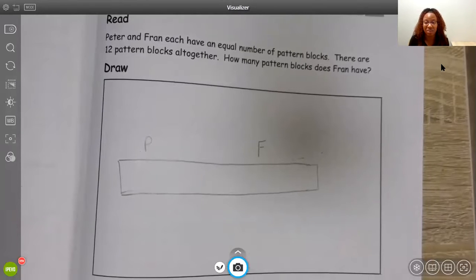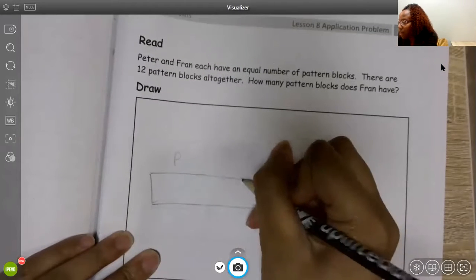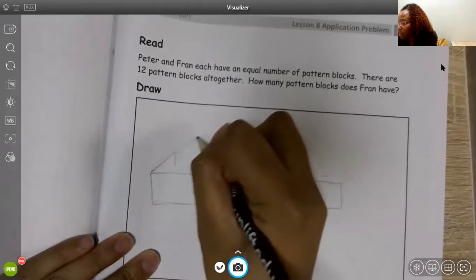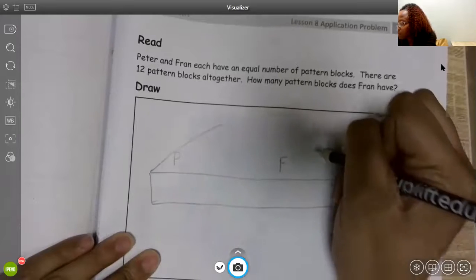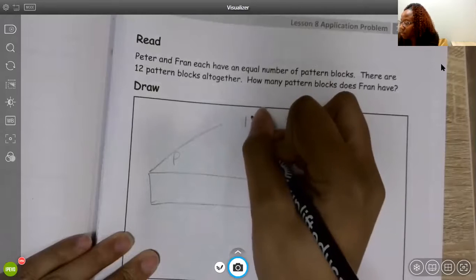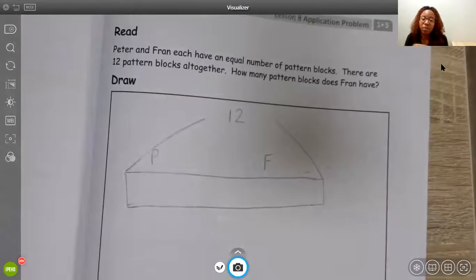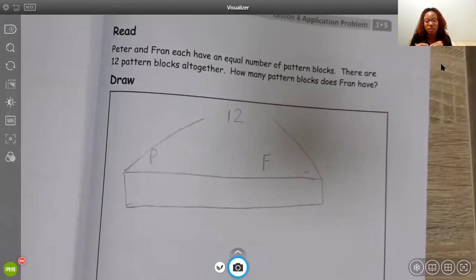That tells me that they both have 12 when they add their blocks together. So with my tape diagram, I'm going to draw my arms here. And I'm going to write 12 right here in the middle because I know that's how many they both have together.